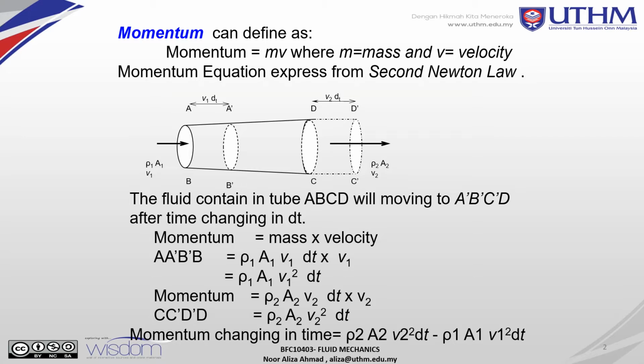Momentum changing in time, we get the density 2 times area 2 times V2 squared over dt, changing in time.